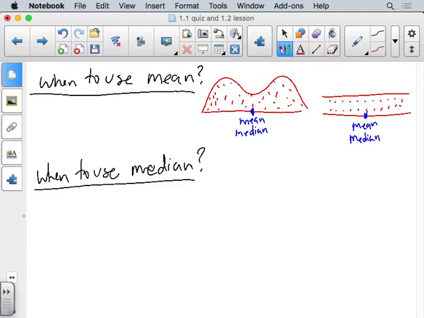So on both of those, on symmetric and uniform data, there's my mean and median. Okay, let me get to skewed data, or we could just go clustered, but let's do skewed.